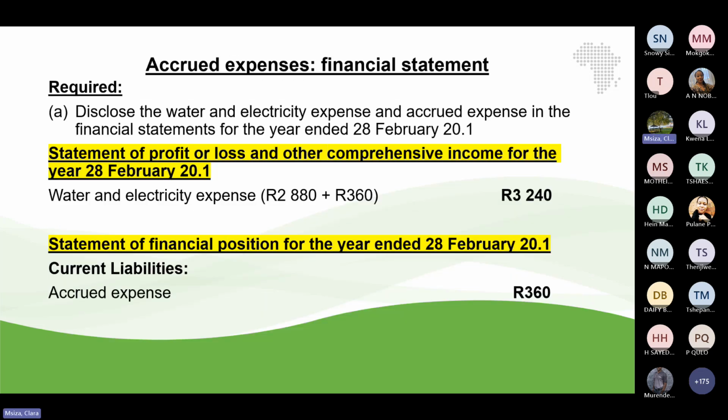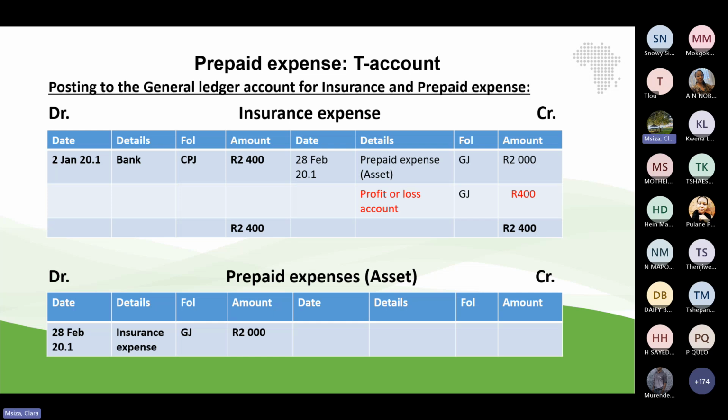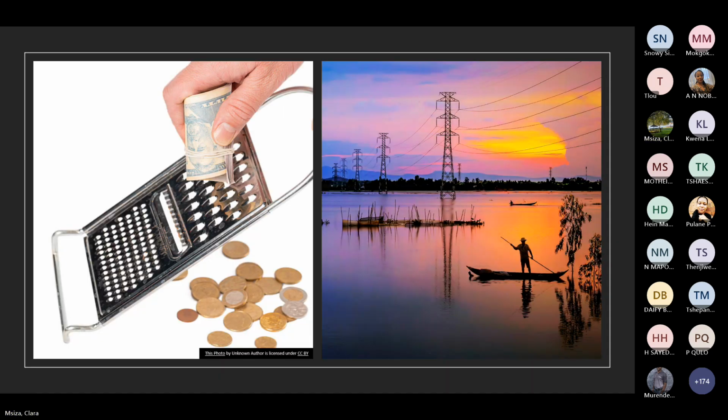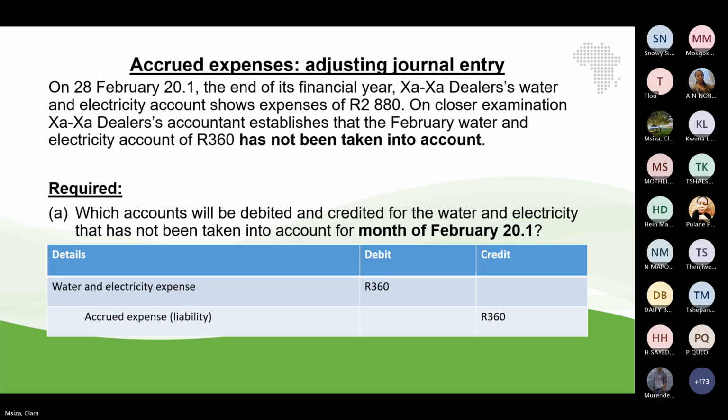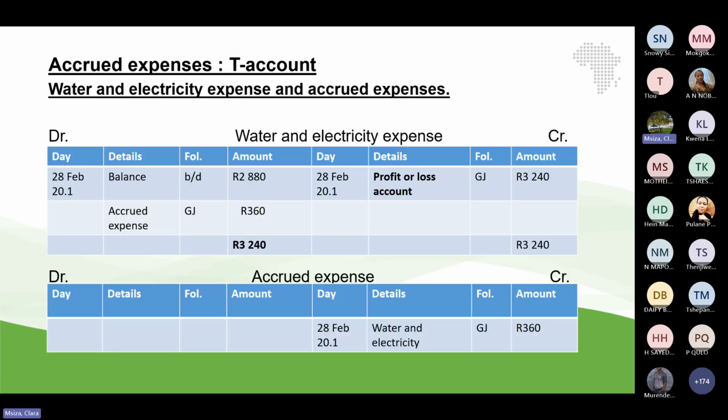So I see my T account is going. We have done this, and this will be our T account. This is how your T accounts for water and electricity and accrued expense will look.